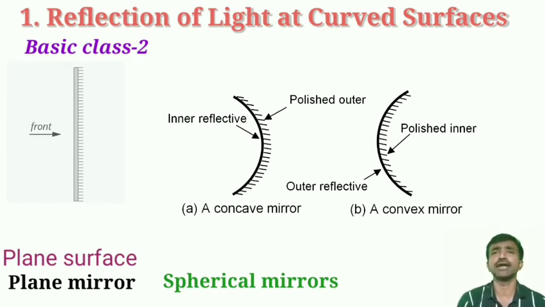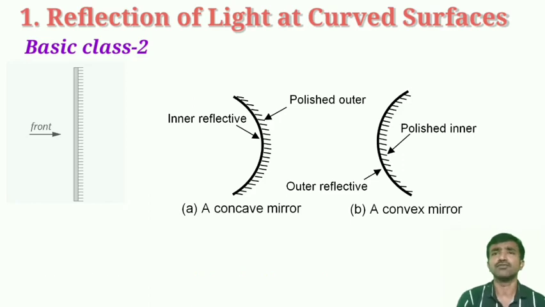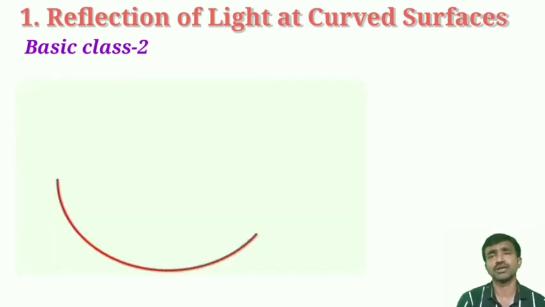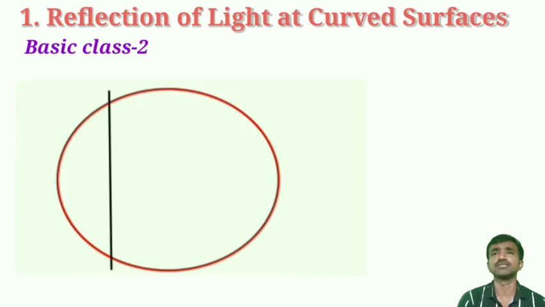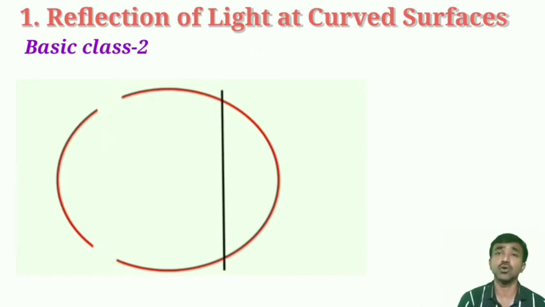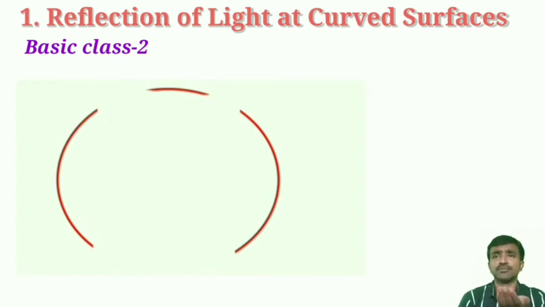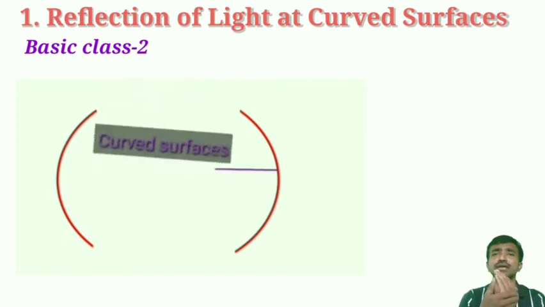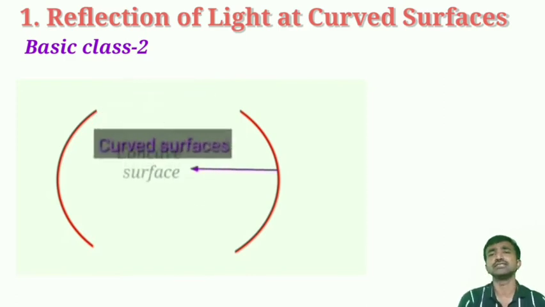Actually, the reason concave and convex mirrors are called spherical mirrors is that they are part of a sphere. Suppose you cut a hollow rubber ball into pieces, you will get a bowl shape. Inside it has a depth, and outside it has a bulged surface. That's why they are called spherical mirrors.